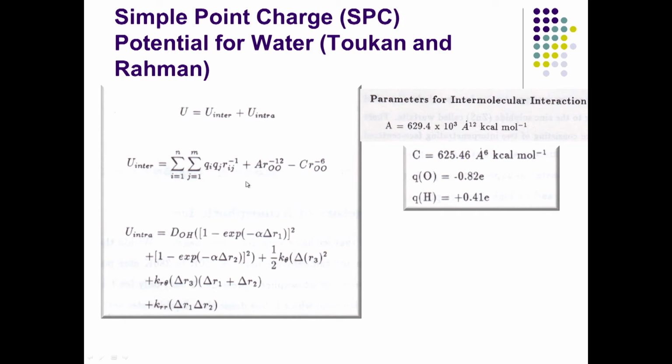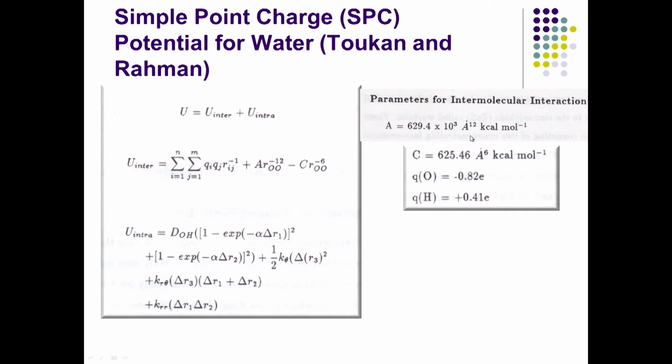Looking at that, there are two parts, intermolecular and intramolecular. We already know about it. Here you have the OO part, which is Lennard-Jones and Coulomb, and this one is bonded material, where between OH1, that means oxygen and hydrogen 1, and oxygen and hydrogen 2, we have this complicated intramolecular interaction, which is bonded material.